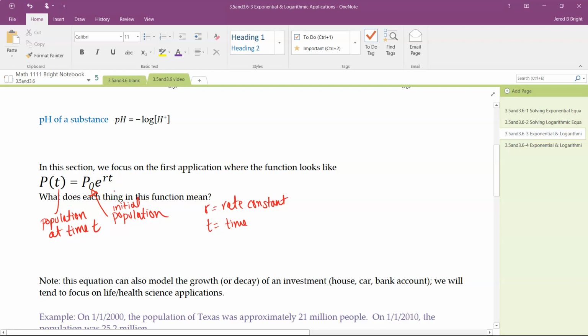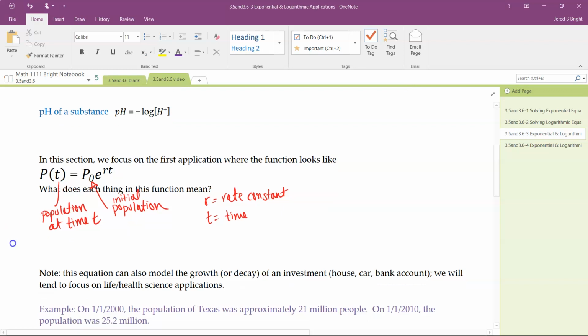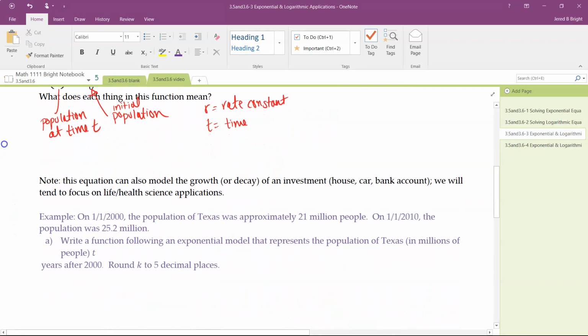It can also model growth or decay of an investment, like a bank account or a house. We're just going to focus mainly on health science applications.